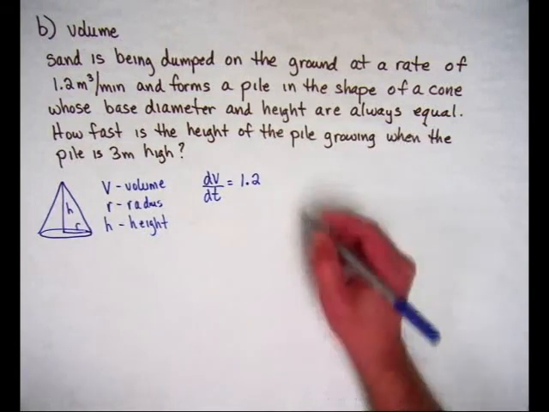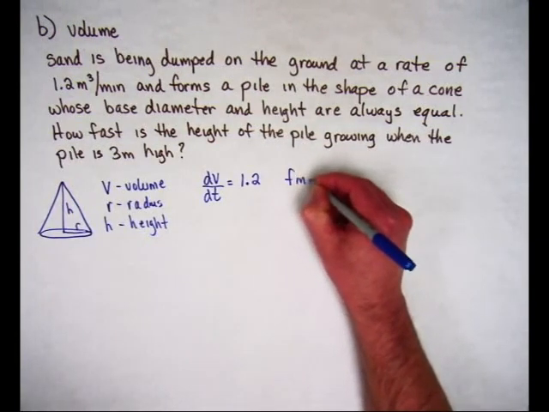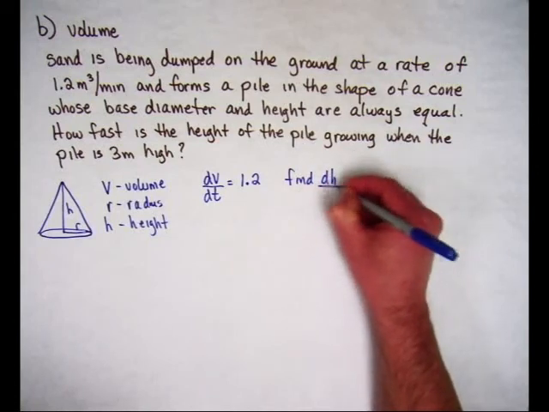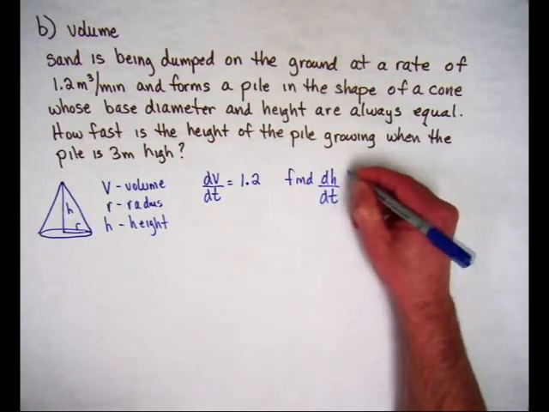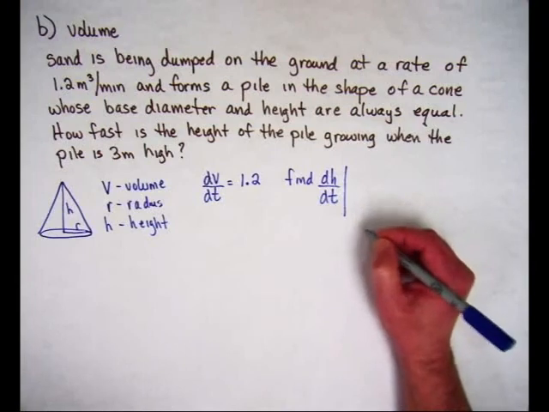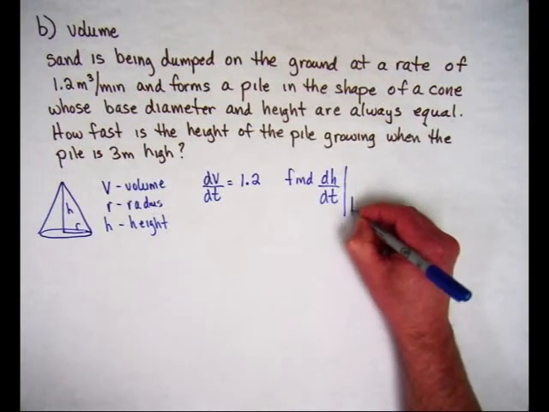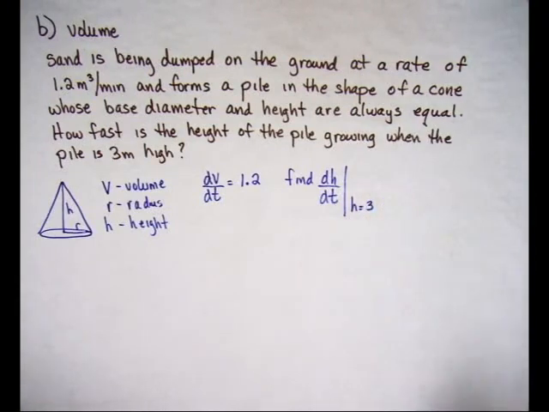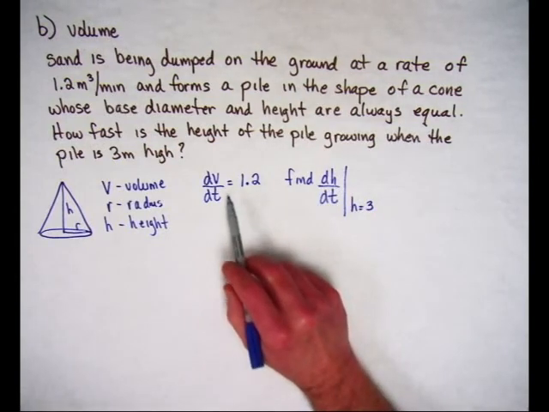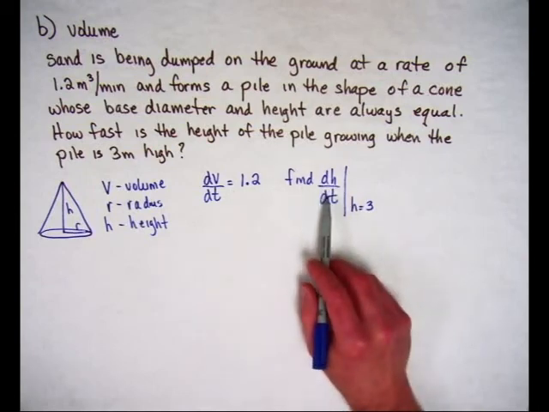So the question wants us to find dH dt, and the moment it wants us to solve it is when the pile is 3 meters high, so when h is 3. So that would be our setup. 3 quantities are changing. One of them is given to us, and one of them is unknown.